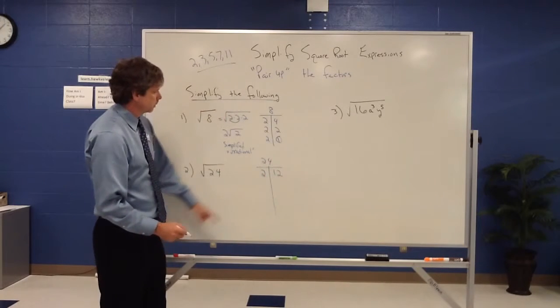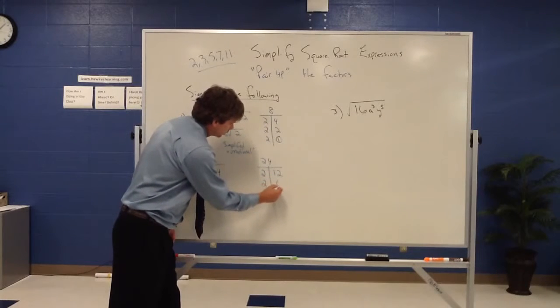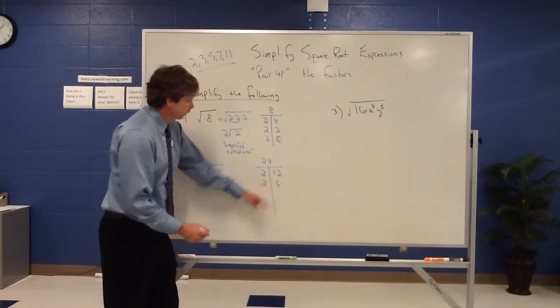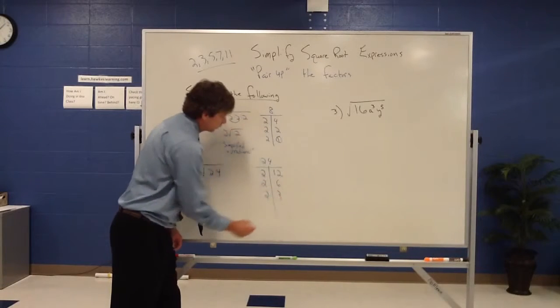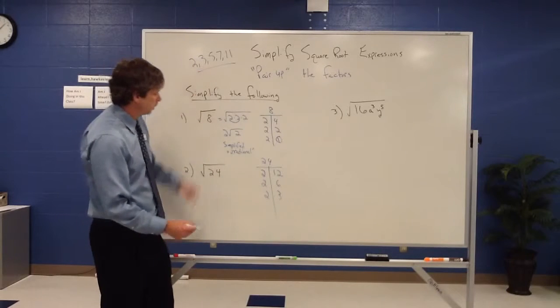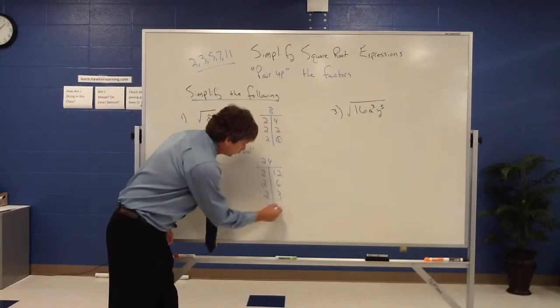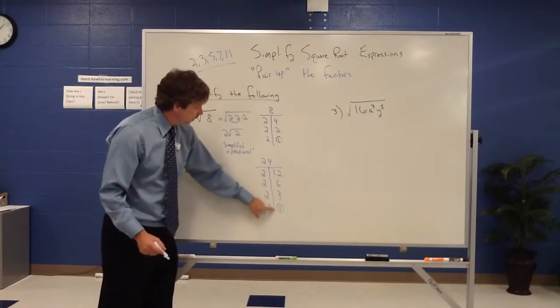The 12 breaks down with the 2: 2 goes into 12 6 times. The 6 breaks down by a 2: 2 goes into 6 3 times. With the 3, we recognize that's the next prime number, and 3 goes into itself one time. So the prime factorization is this left side here.